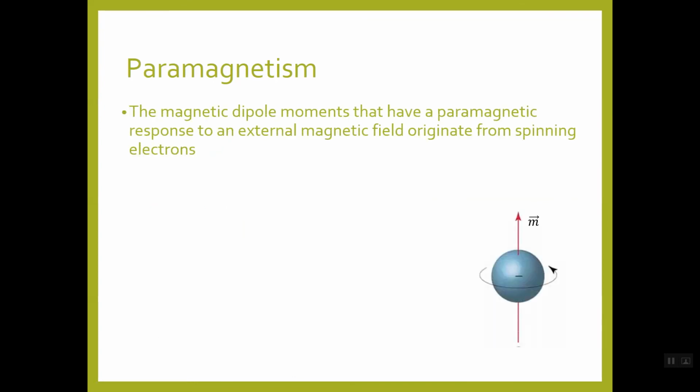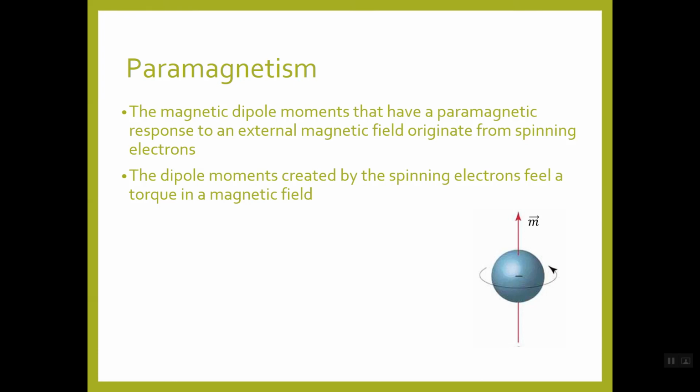Now paramagnetism, where we have a magnetic field applied and the dipole moments will line up with the magnetic field. The magnetic dipole moments that have a paramagnetic response to an external magnetic field originate from the spinning electron.